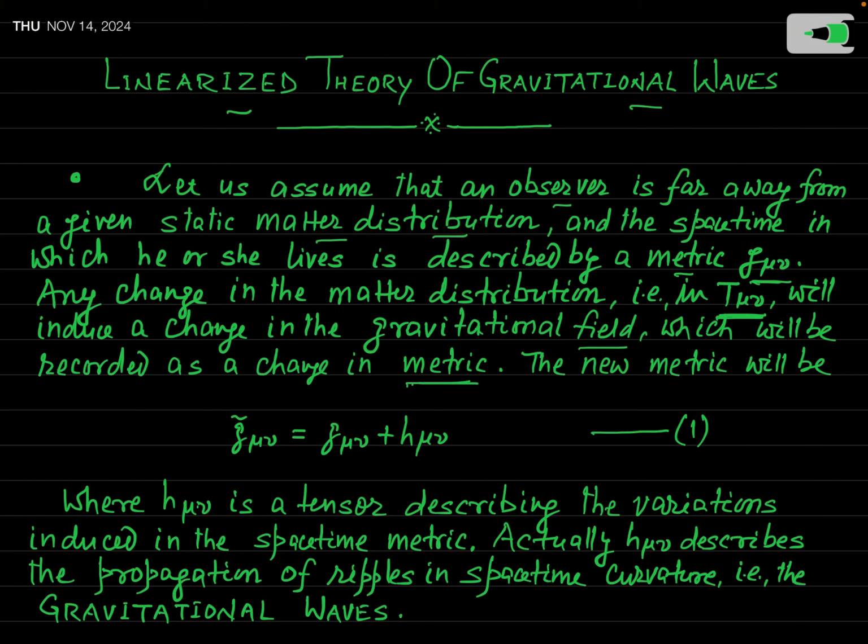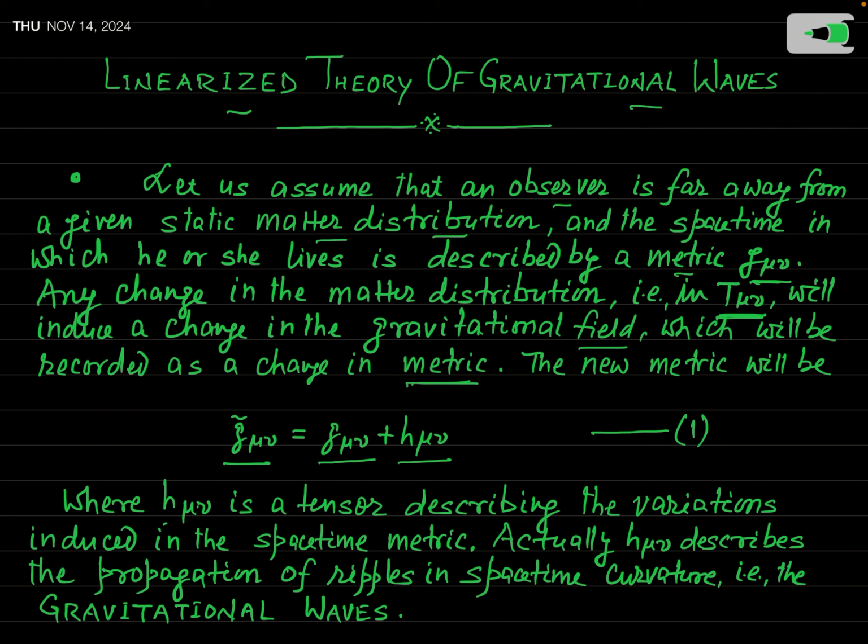So if you consider this g mu nu tilde, I have made a symbol over this g mu nu on the LHS, you can see this is called tilde. So g mu nu tilde is the value of this metric in the presence of the external perturbation, and that will be equal to the original g mu nu when there was no external perturbation, plus h mu nu. This is the change in this metric.